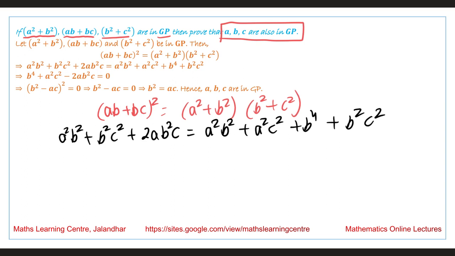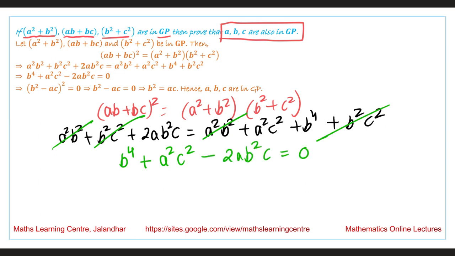Now this b^2c^2 gets cancelled, and this a^2b^2 gets cancelled. What we obtain is b^4 + a^2c^2 - 2ab^2c = 0. And this is the formula for this term. In place of this we can write it is (b^2)^2, and in place of this we can write it is (ac)^2.